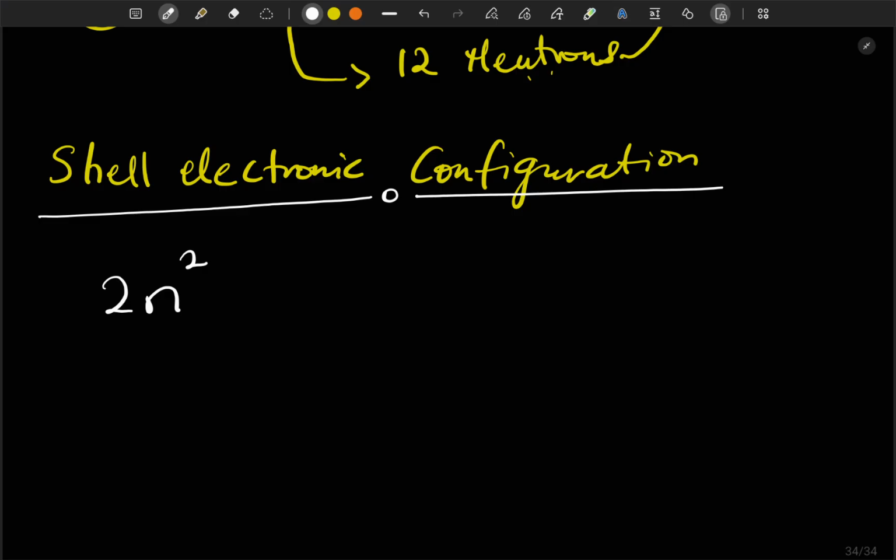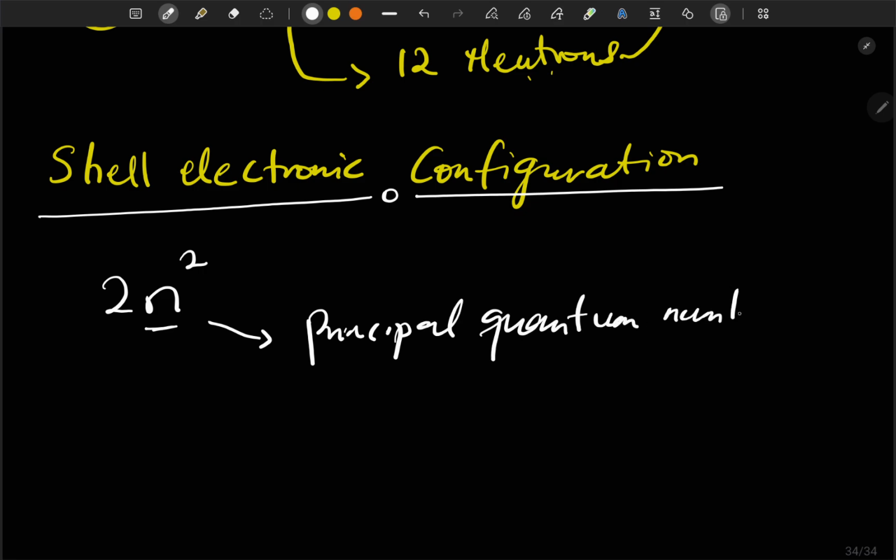And so if we have this 2n squared, this n represents the principal quantum number. You may be wondering, what does principal quantum number mean? Don't worry about that for now. It just tells us the energy level, the number of energy levels present, or let's just make it simple, the number of shells present.